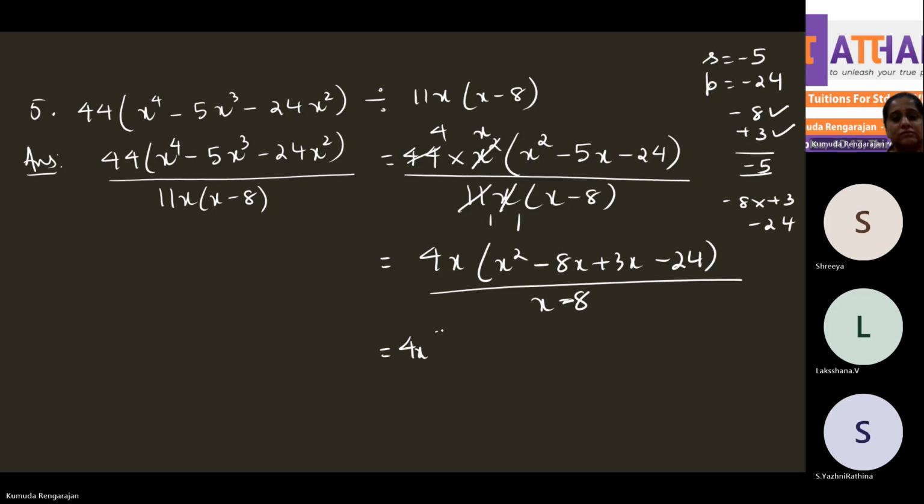4x. Then between the first two terms, x is common. So x minus 8. Between the third and the fourth term, 3 is common. 3 into x is 3x, and 3 into minus 8 is minus 24. Divided by x minus 8 as it is.